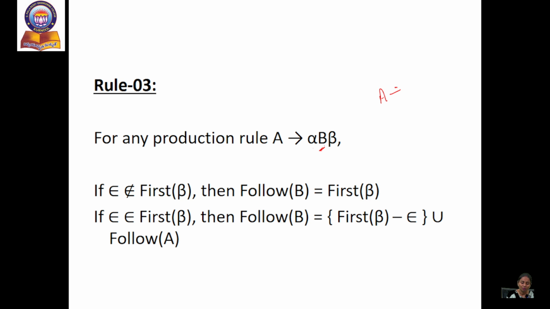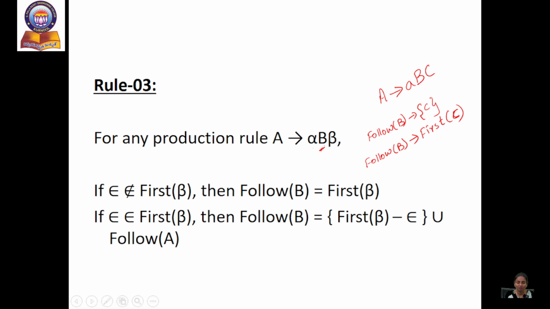Suppose I have A derives A B C. Now the follow function of B is decided by what is immediately next to B, which is C. If C is a terminal, then we can take C directly. But if C is a non-terminal, then follow of B should be taken as first of C.